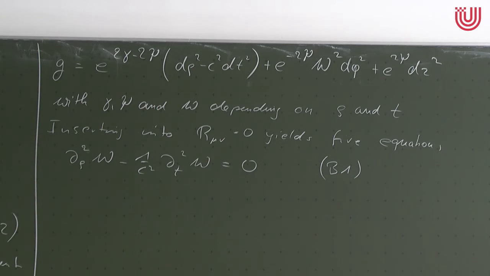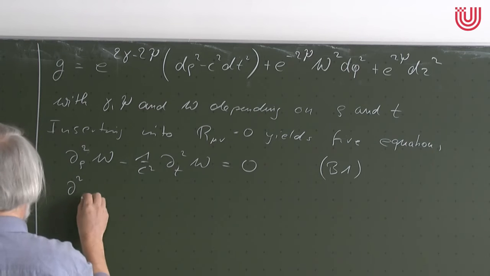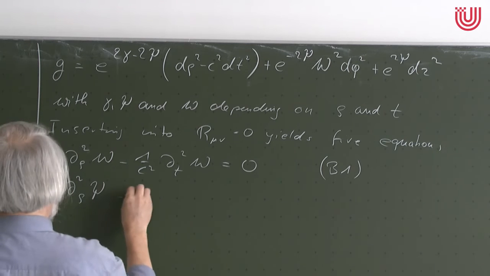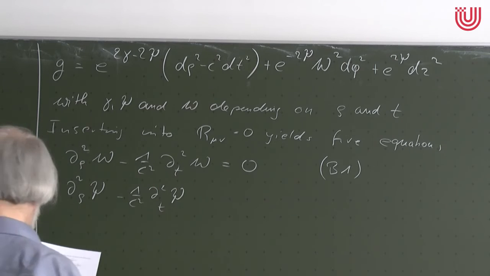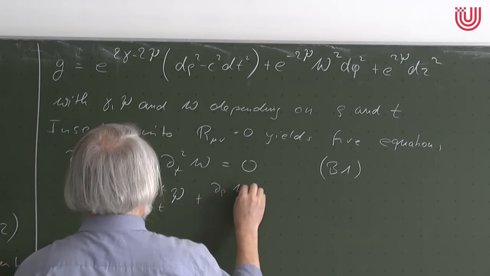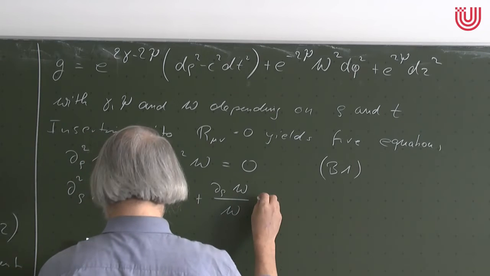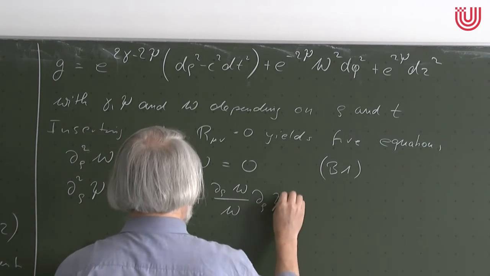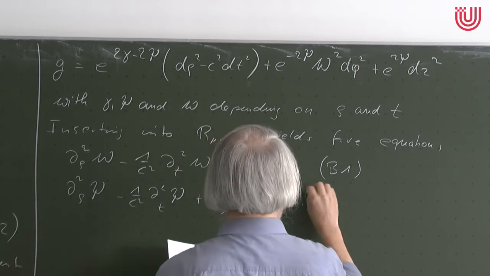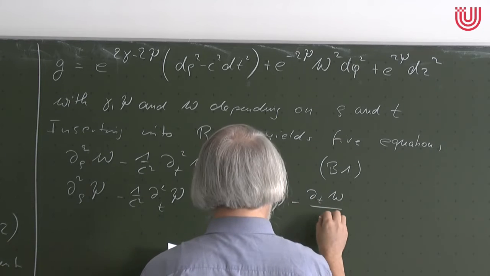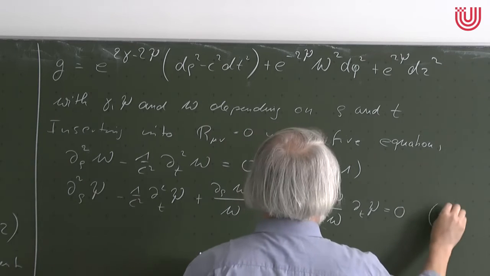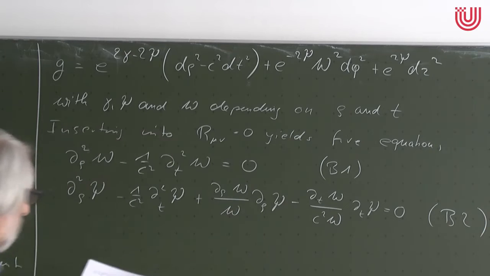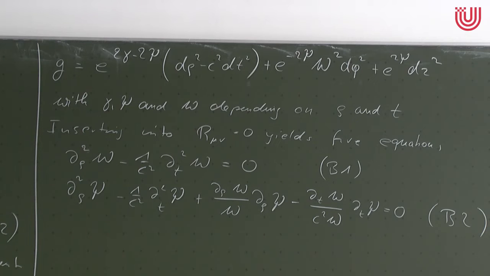Then d_rho squared psi minus 1 over c squared d_t squared psi plus d_rho w over w d_rho psi minus d_t w over c squared w d_t psi is 0. This is b2. These two equations come from the zz and the phi component of this here.